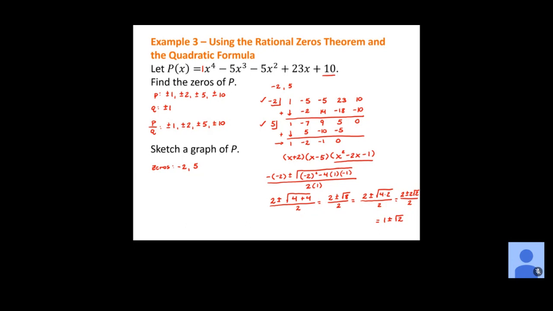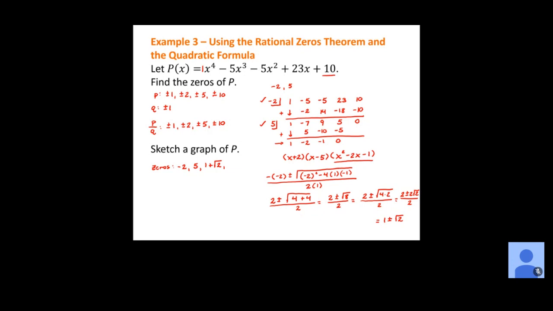So what are those zeros now? What would one of those zeros be? Good. 1 plus the square root of 2 is one of the zeros.